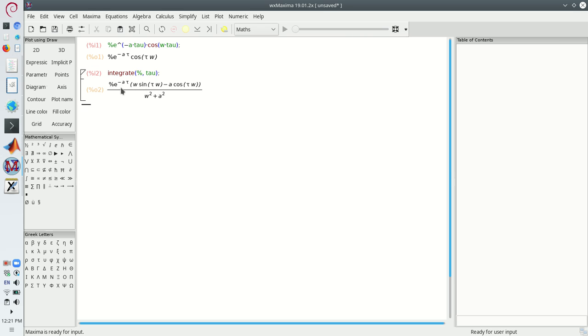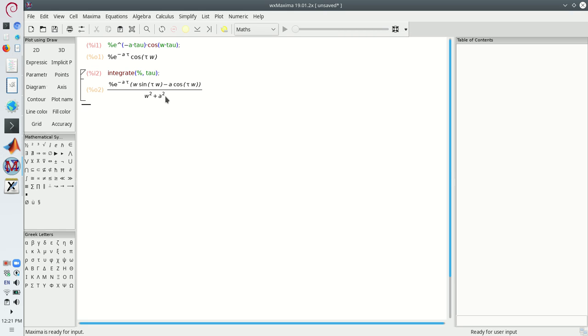So let's see what we have here. The exponential of 0 becomes 1. Sine of 0: when tau is 0, omega tau is 0, the sine is 0, so the sine term disappears. And we are only left with a cosine of 0, that is 1, and the denominator stays the same because it doesn't depend on tau.